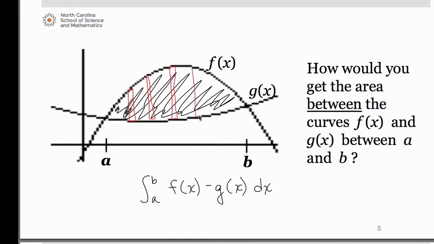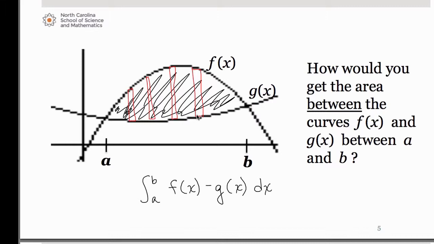Now, to make things easy, we typically do use the rectangles being of the same width, but obviously the height's going to differ. So imagine having lots and lots of rectangles inscribed in this area. You could find the area of each individual rectangle, then add them up. That's really what you're doing here.